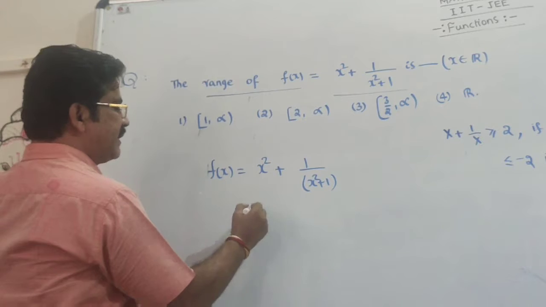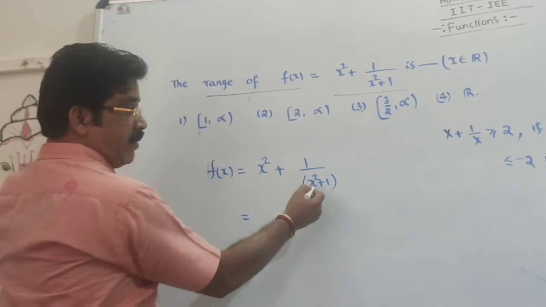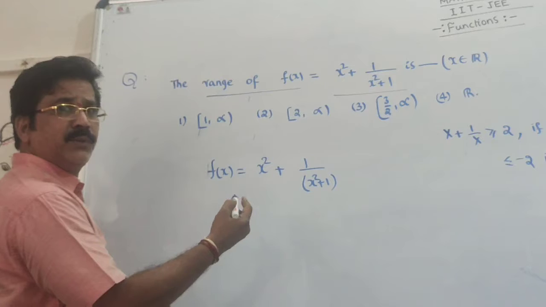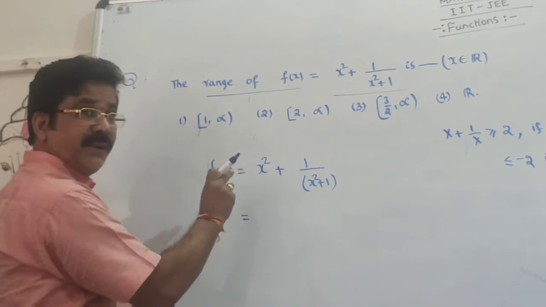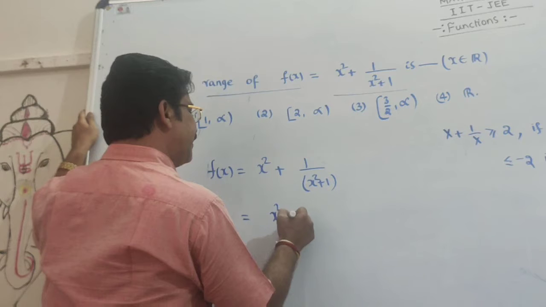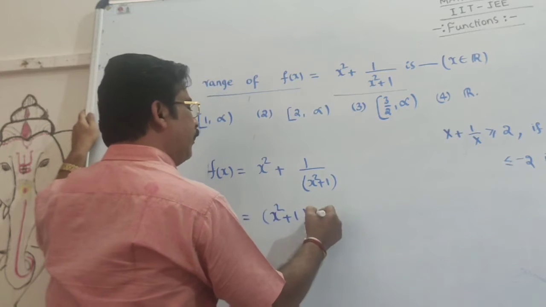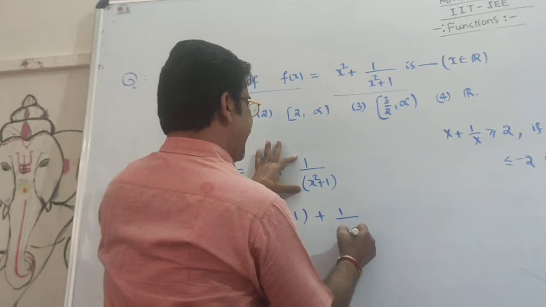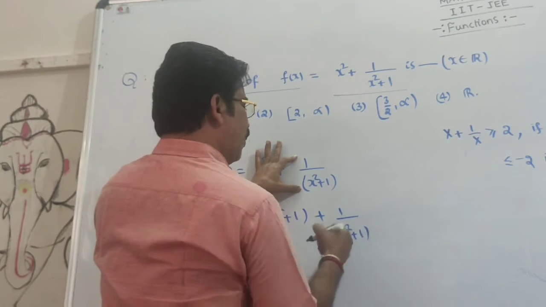So in such a case clearly we see that the denominator is x square plus 1. So I will try to obtain the same term x square plus 1. So this can be x square plus 1 plus 1 by x square plus 1.